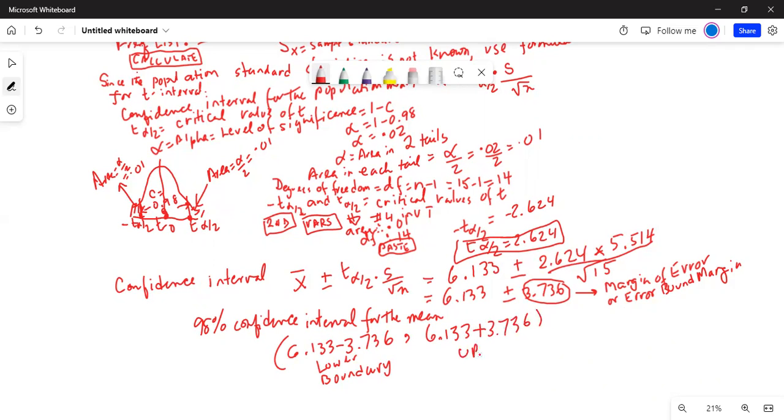This is the upper boundary. So let's do the calculation.